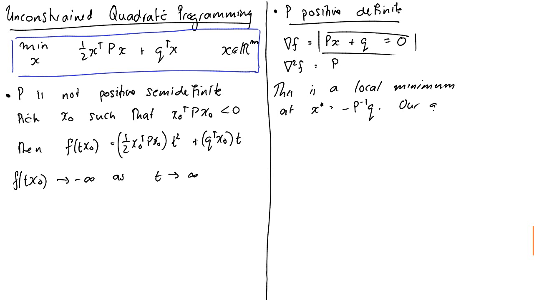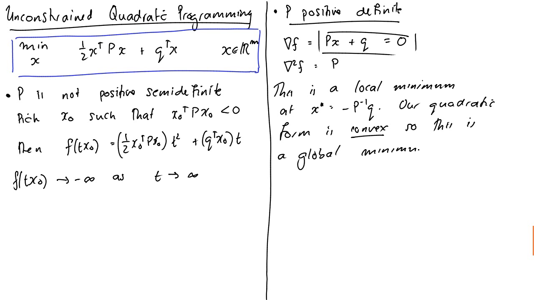Moreover, our quadratic form, you can prove this for yourself if you like, is convex, so this is a global minimum too. Just think of a parabola. A parabola is convex. You can just join any 2 points on a parabola and the line segment will be above the curve.